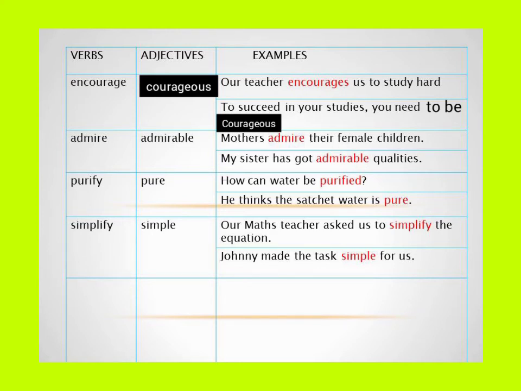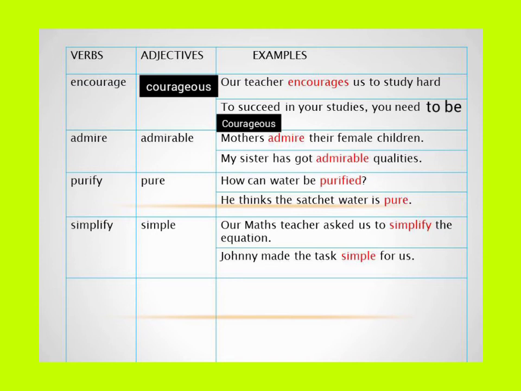You could see how in the word encourage, which is a verb, now to convert it to an adjective, we had to drop en, which is the prefix, and take the suffix ous to have courageous.